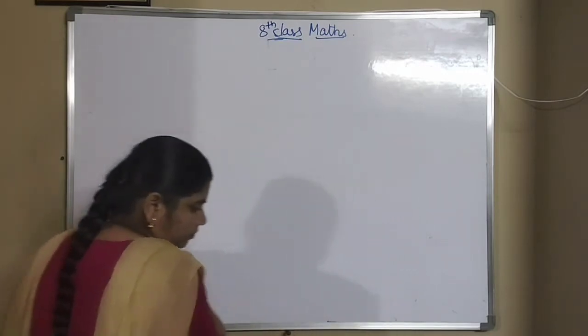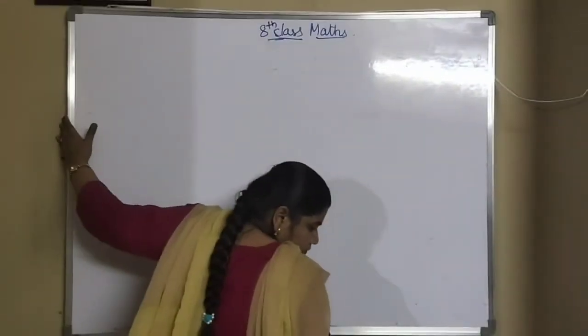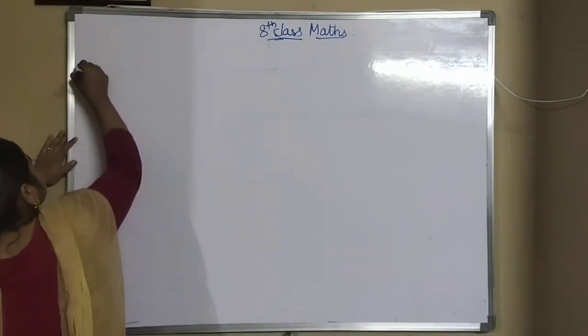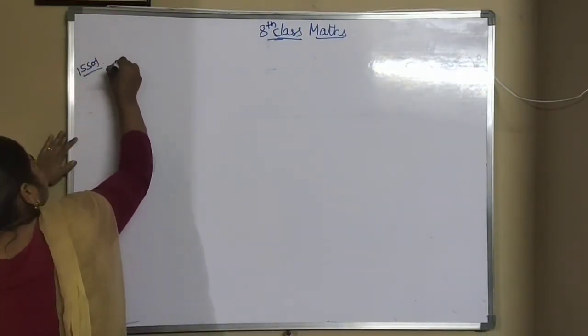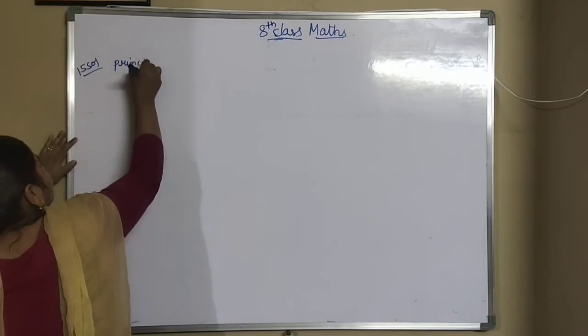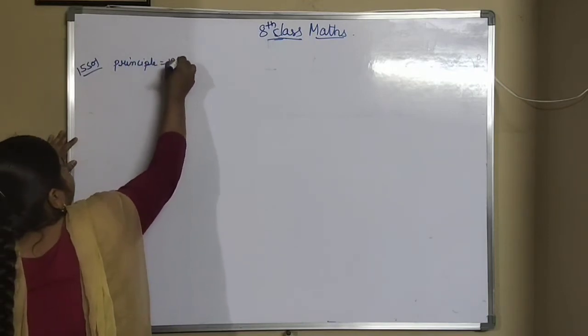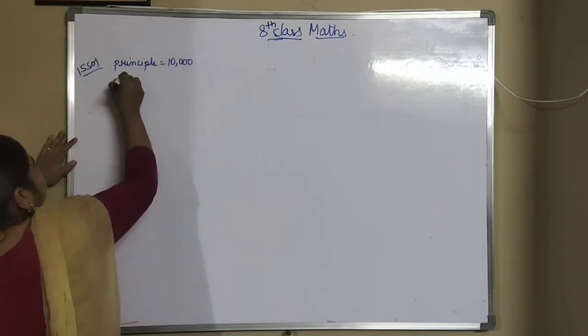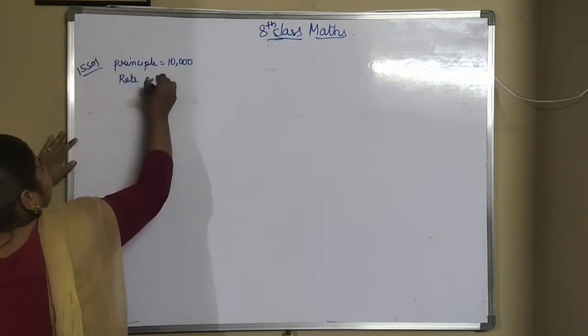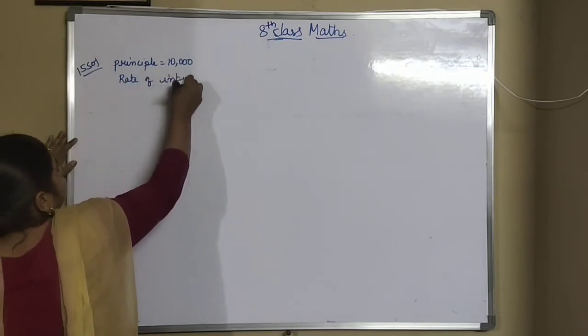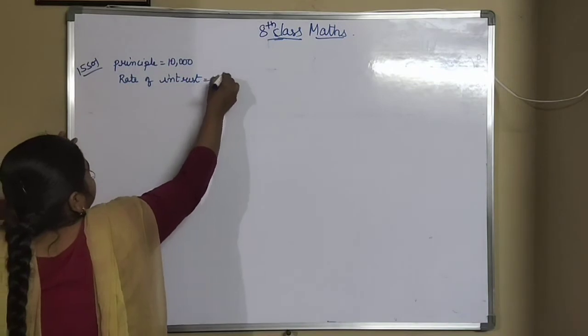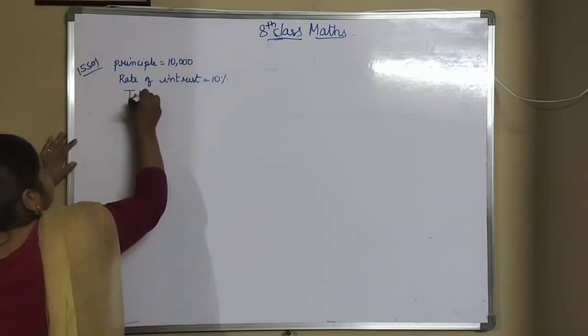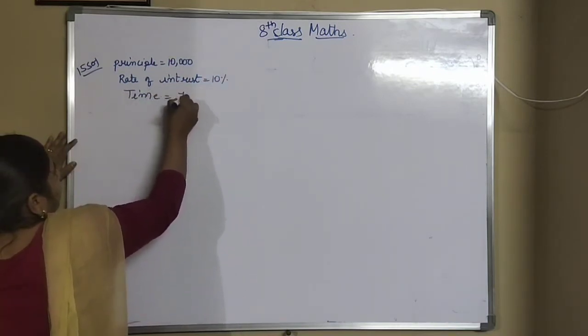So here, what is the principal value? Principal value is 10,000, rate of interest is 10% and time is 1 year.